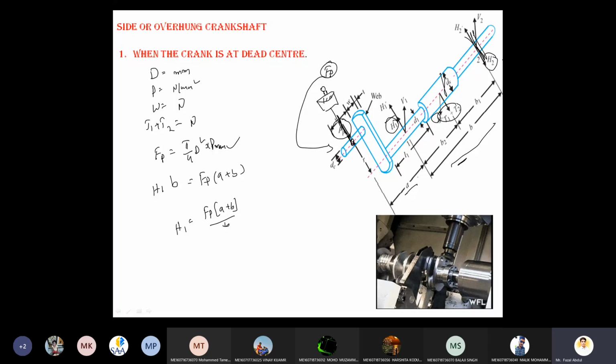Here it is H2. H2 into B equals FP into A. So what is the H2 value here? H2 equals FP into A by B.